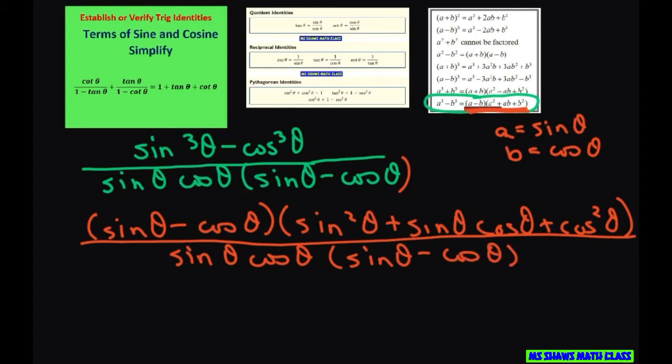Now from there, we can just simplify by canceling this out. So we're left with this. So I'm going to write this under each piece. Let me duplicate this real quick.